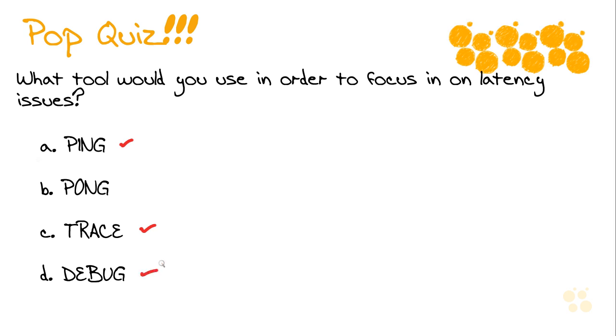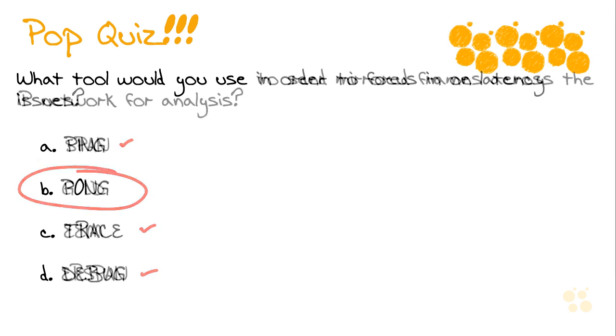Sure. Could debug give you latency information? Absolutely. But the best answer is the Pong utility that we looked at in our CLI tools nugget. So Pong is the one that really has a bias towards latency in the network.